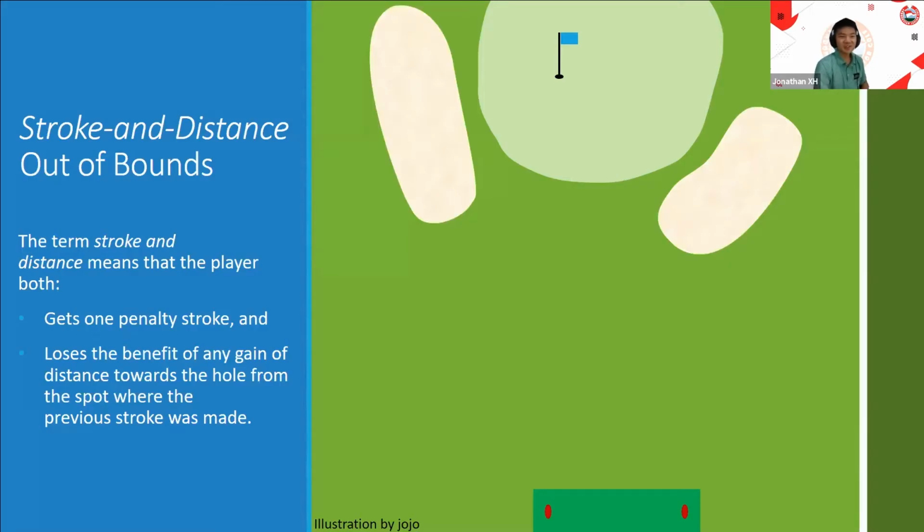I think we'll go straight to explaining stroke and distance. On the left, we have the official definition of stroke and distance. You can screenshot this later or now, but we will explain it with a simple illustration. So this is Pangkalan Jati, hole 16.